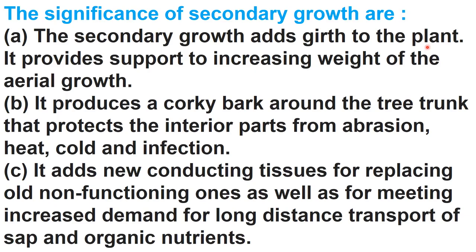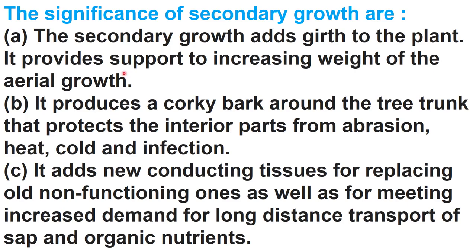It provides support to the increasing weight of the aerial growth, right? If a plant increases only in height, then from where will it get the support? So for that support, girth needs to be increased, and that girth is increased due to secondary growth.